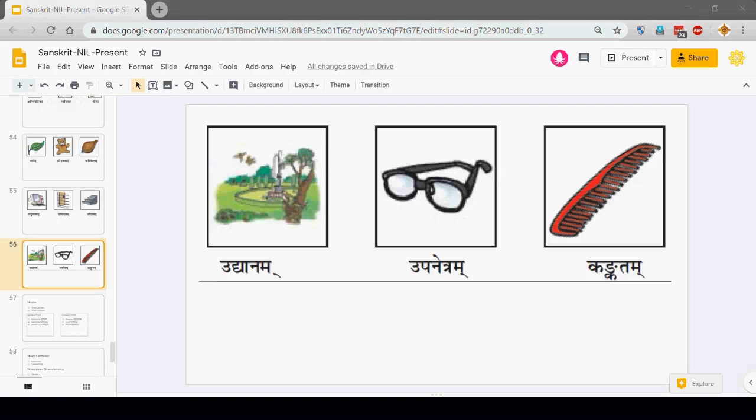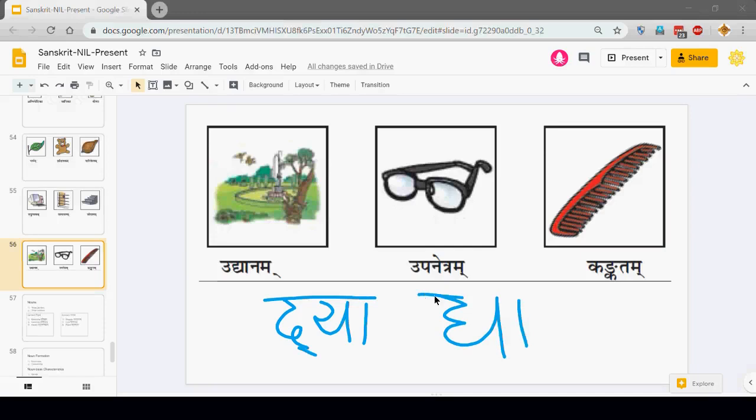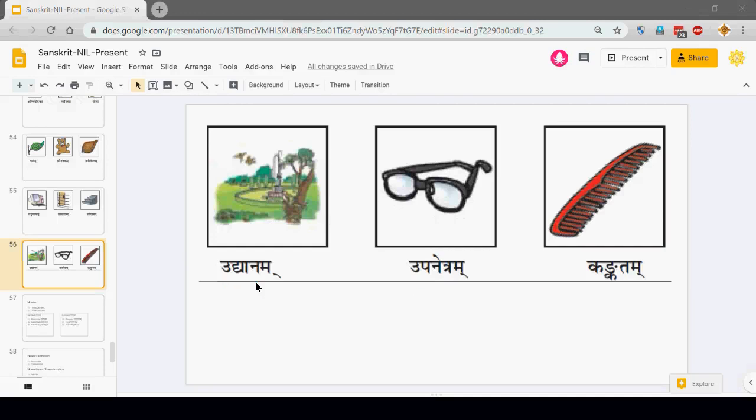Udyanam. Yeah. So this is a special notation. Dhyanam. There is a dha and ya here, so together it is many times written like this. Actually there is a small dha here which is not completely written, and there is a ya following it. But it looks like this. Udyanam is a park.